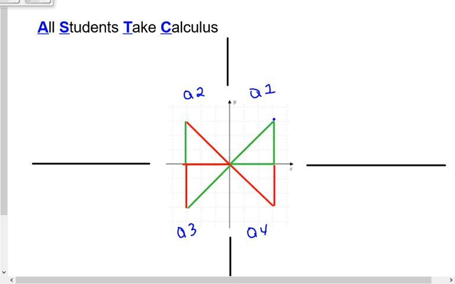So this point here would be a positive value and a positive value. That means for any ratio, we're going to have a positive number over a positive number. So in the first quadrant, all ratios are positive. Sine, cos, and tan are all going to have positive ratios.